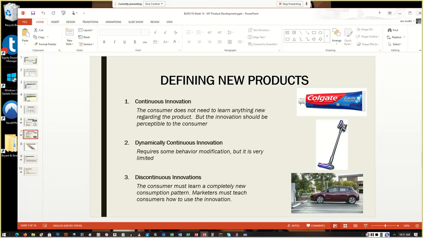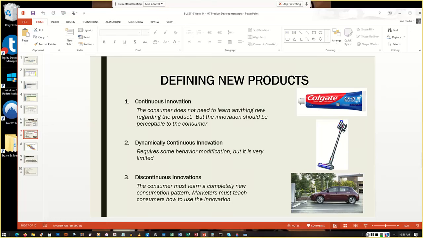The last degree of consumer learning is discontinuous innovation, which involves the consumer learning a completely new consumption pattern. So in discontinuous innovation, marketers have to teach consumers how to use the innovation. If consumers don't fully know how to use the product, there's a chance that they won't even consider purchasing it.